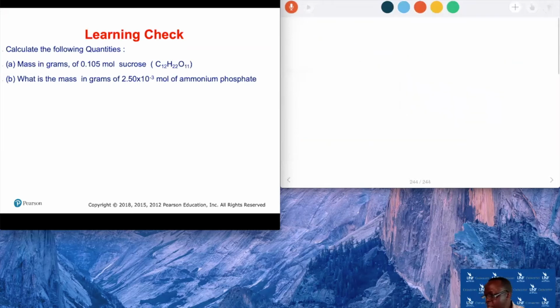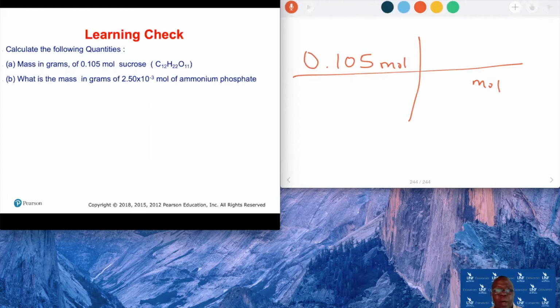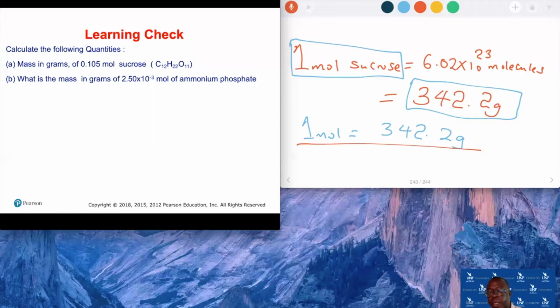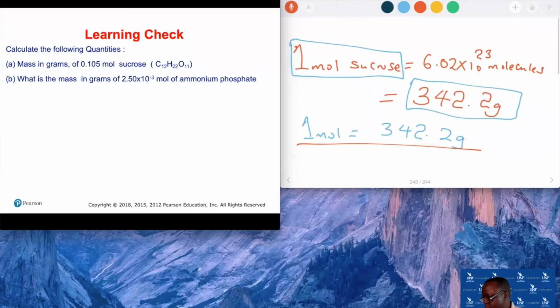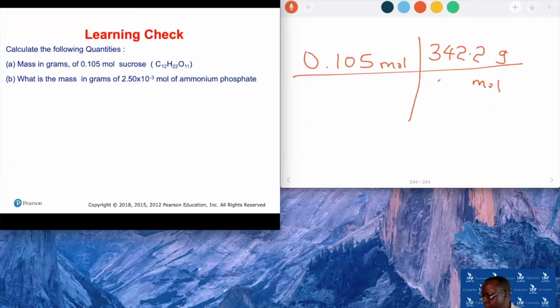In your setup, write down what you are given: 0.105, and I see it's 3 significant figures, mole. I want to get rid of mole here. I'm looking for grams at the top. The numbers will come from here: 342.2 grams and 1 mole. Mole and mole will go away.